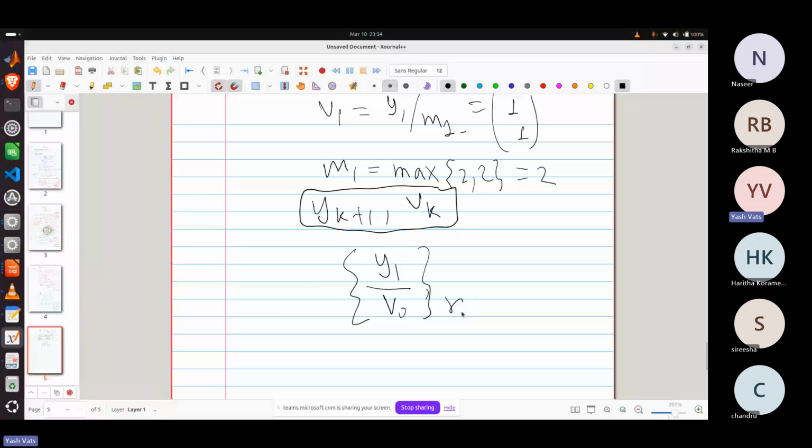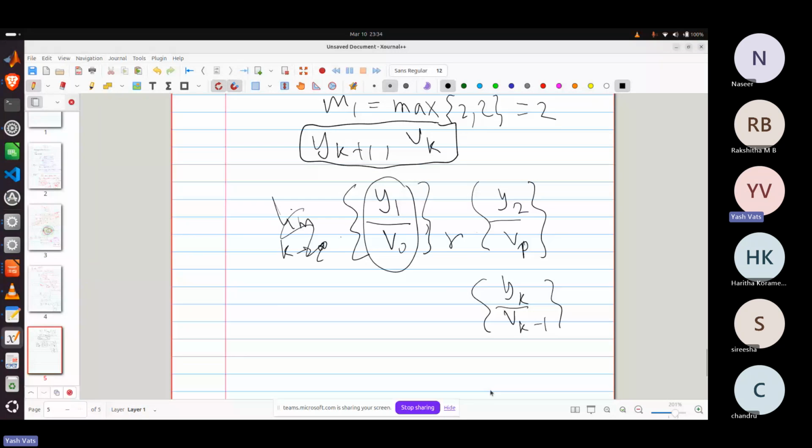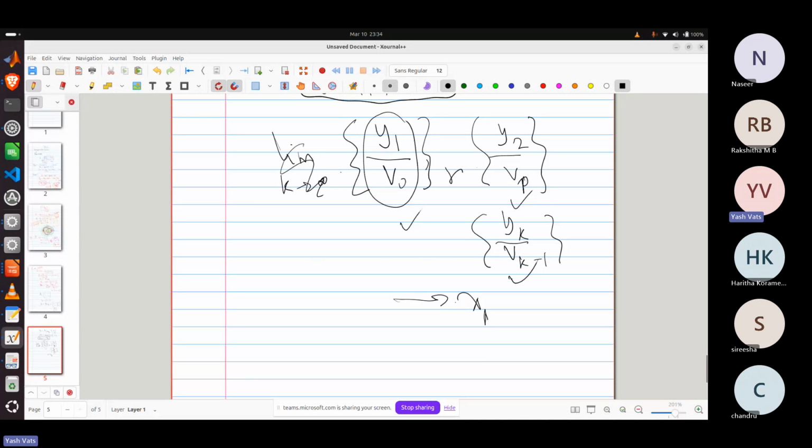So you first calculate y1 divided by v naught, y2 divided by v1, and yk divided by vk minus 1. So this is a sequence that you are getting. That will converge to some number which is called lambda 1. And your vk minus 1 is your eigenvector.